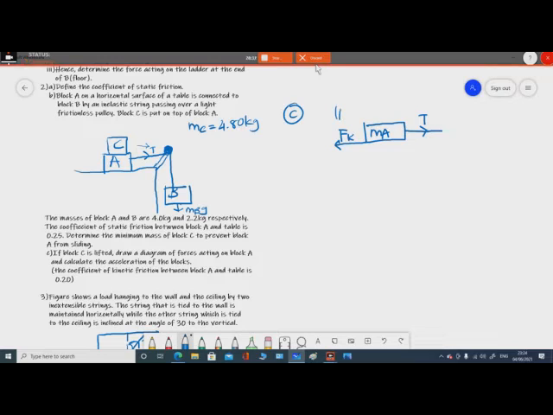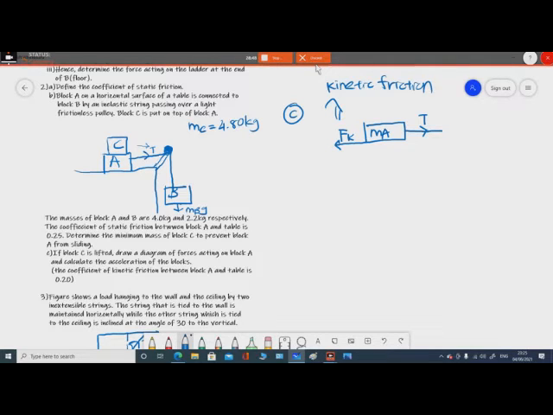Let me write it down: kinetic friction. So this is the diagram.